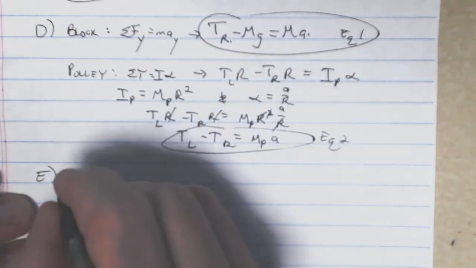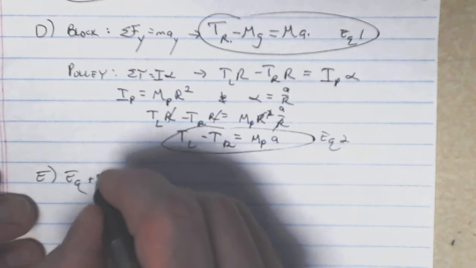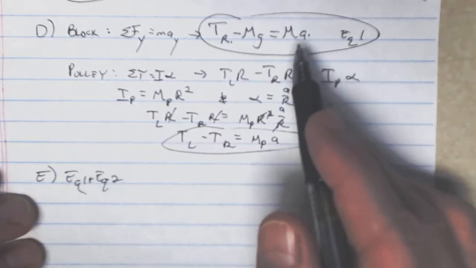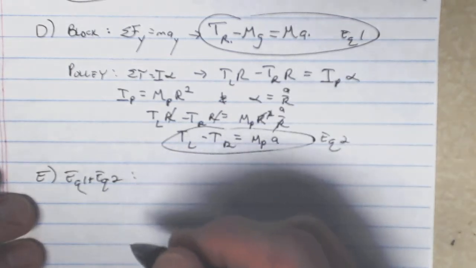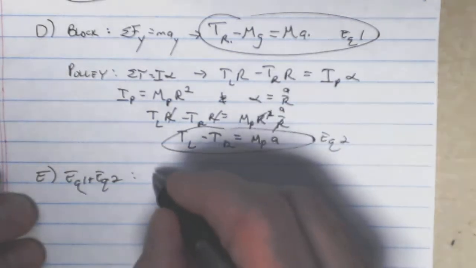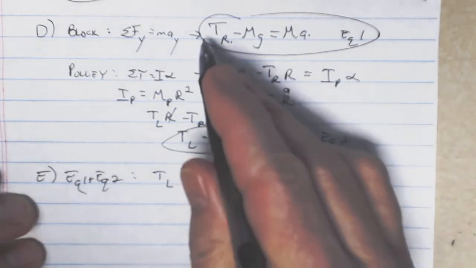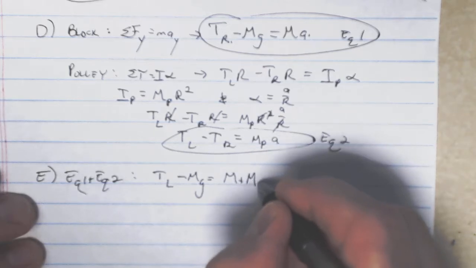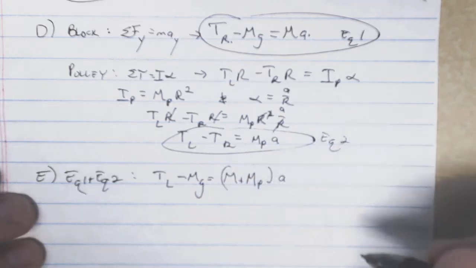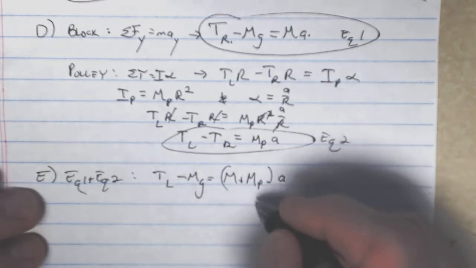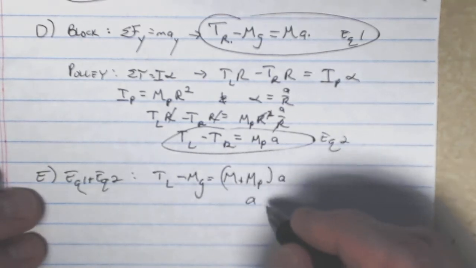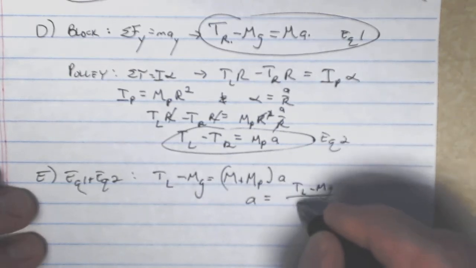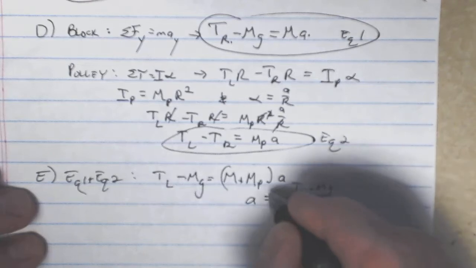So if I just add equation 1 plus equation 2, I'll end up eliminating TR and just have an expression with known quantities and a. So that leaves me with TL minus TR plus TR cancels, minus mg equals (m plus M_P) times a. And I could just rewrite this for the acceleration a, dividing both sides by m plus M_P. So the acceleration is TL minus mg divided by m plus the mass of the pulley.